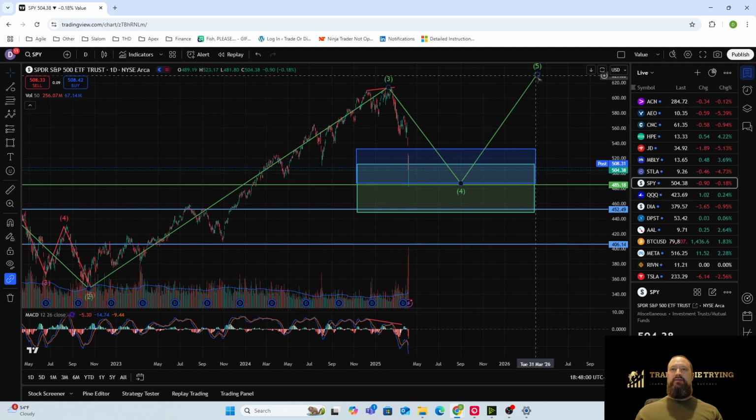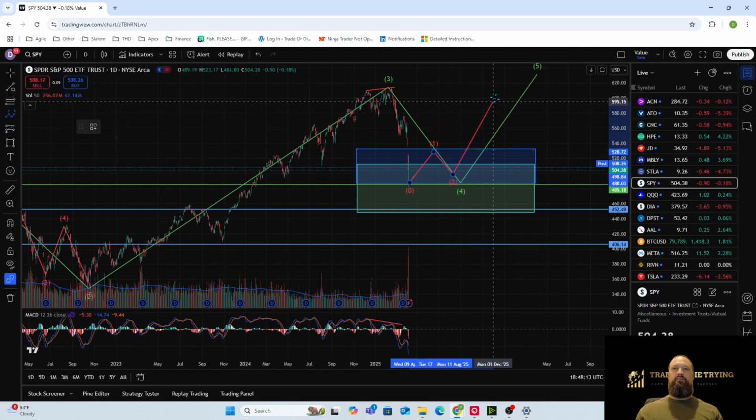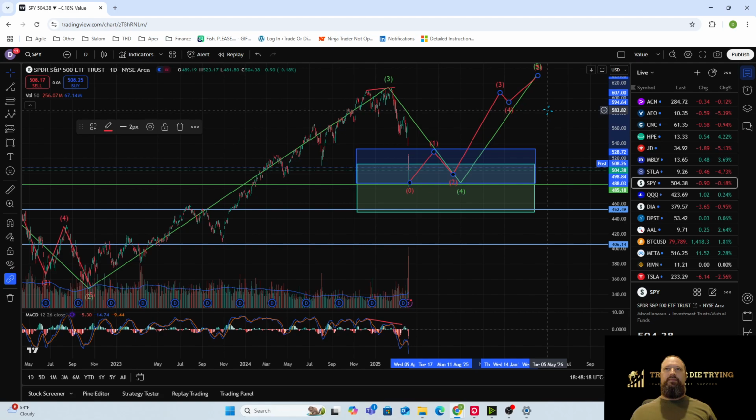Okay, again, you're gonna have 5 waves within this 5th leg if we get this 5th leg. Okay, I'm just gonna draw something hypothetical. Okay, you would get 5 waves within that. Okay. It could potentially start doing that.